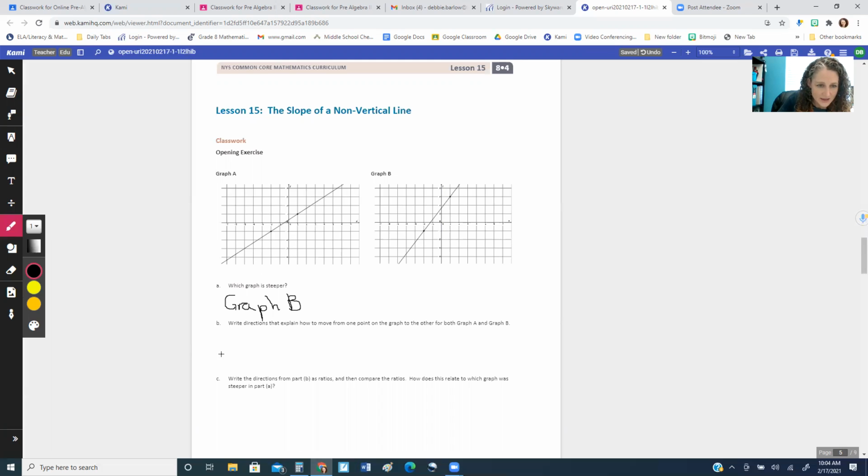So for graph A, the slope is going to be, okay, I'm going to start right here. I've got my little points, and go up 2. So that's a positive 2 over 1, 2, 3: 2/3. And then on B, I'm going to go up 1, 2, 3, 4, up 4.